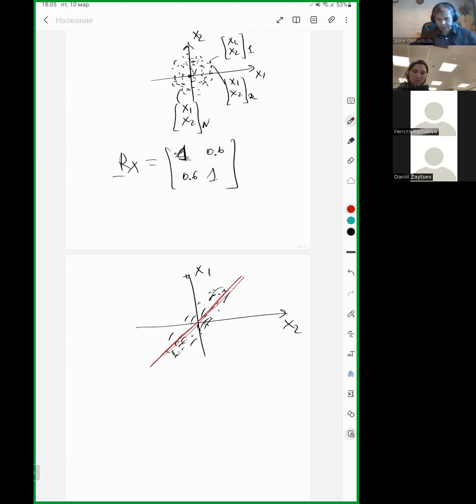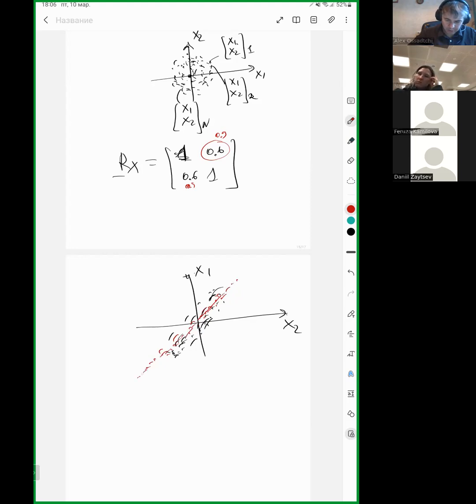It will correspond to this correlation of 0.6, the extent to which these two are not along a single line. The higher this correlation, the more the scatter plot will look like a single line. If you have 0.9 here and 0.9 here, you'll have something like this, along a single line.